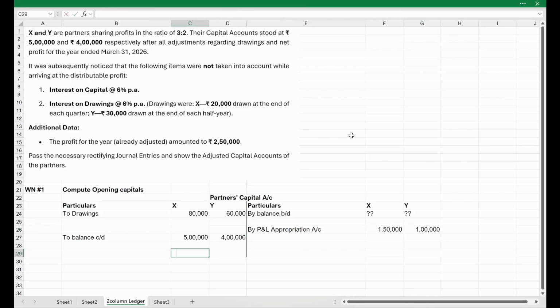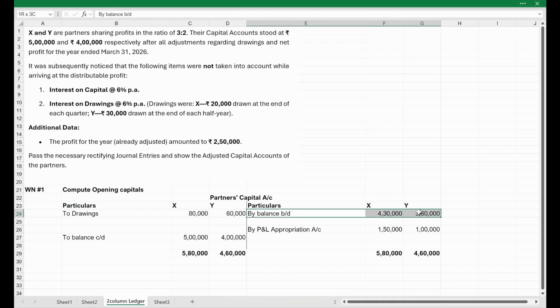Now let us find out what is the original opening balances of each partner. ₹4,30,000 and ₹3,60,000. This is the opening capital. So the understanding is at the end of the year, this is how they would have prepared their capital accounts.